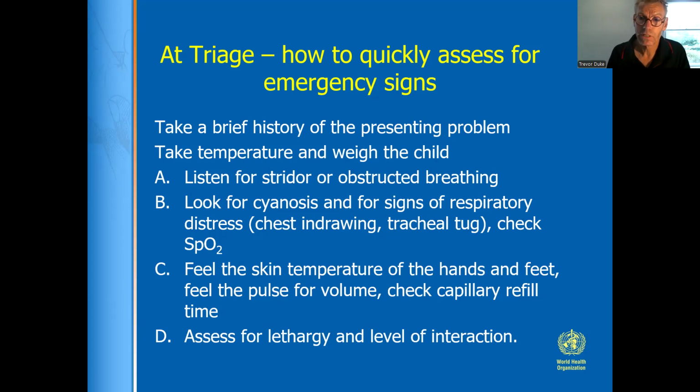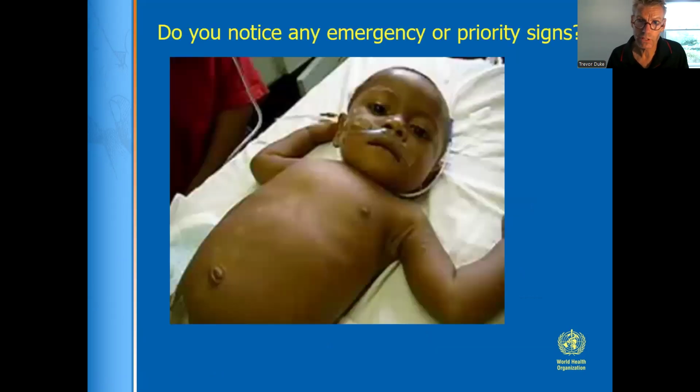There are other scores and scales you can use, of course, the Glasgow Coma scale and that sort of thing. But at triage, you can do this within a minute. And it's important to practice doing triage because then it becomes second nature to you and you get very good at it. So triage is a very important stage in the management of any sick child.